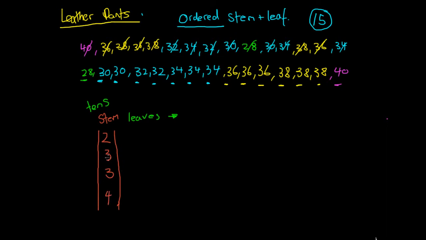So the reason I've got these two 3s is as follows. This first 3, I'll use for the numbers 30 to 34. And this second 3, I'll use for the numbers 35 to 39. This first 4 will cover the numbers 40 to 44. And this 2 will cover the numbers 25 to 29.